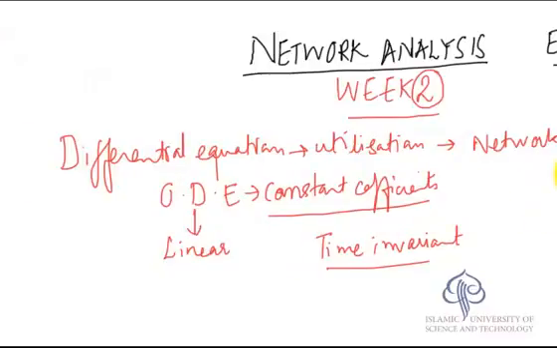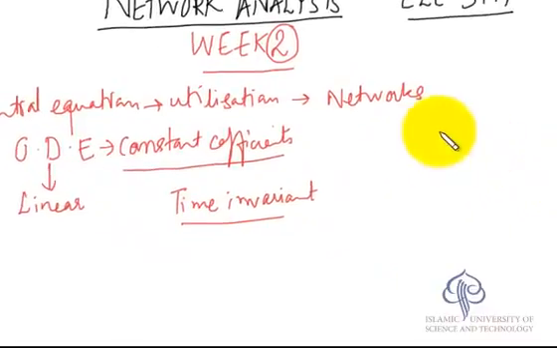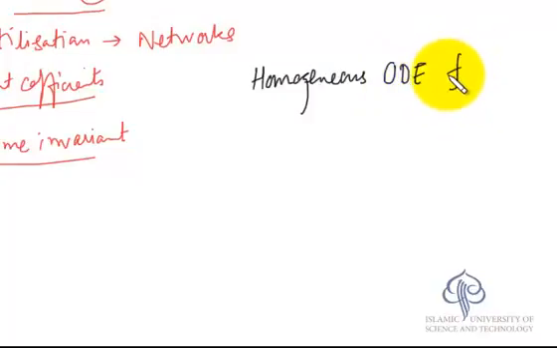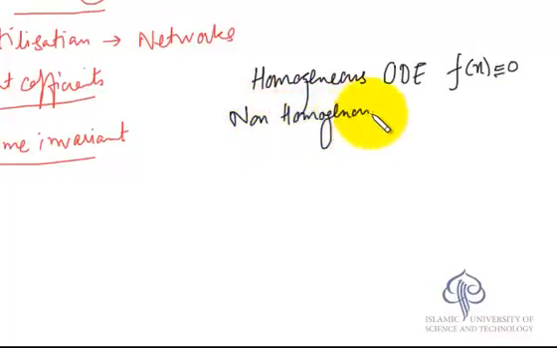We saw in the last week that ODEs can be solved using standard methods in mathematics. You can have homogeneous ODEs wherein the forcing function is zero, identically zero. And we can have non-homogeneous ODEs wherein the forcing function would not be zero.